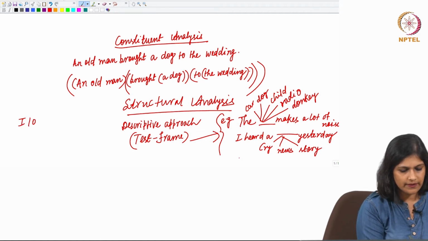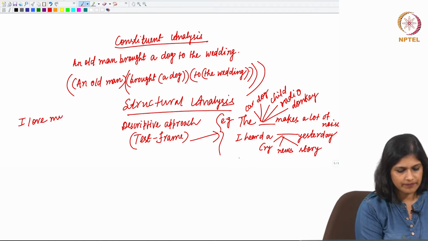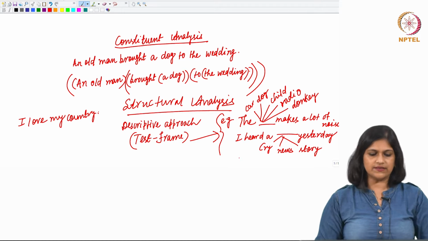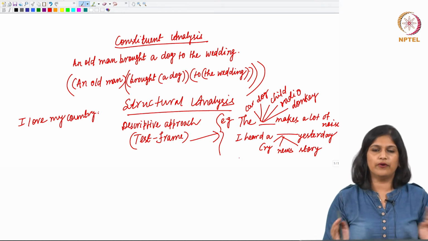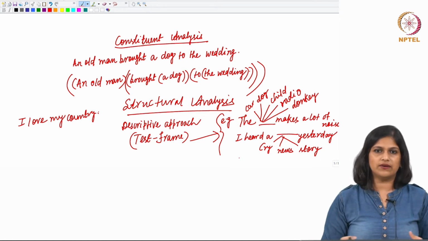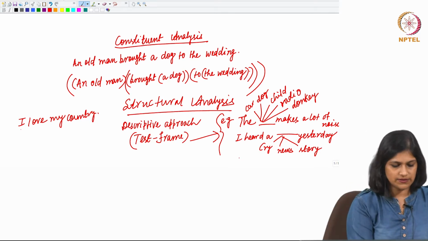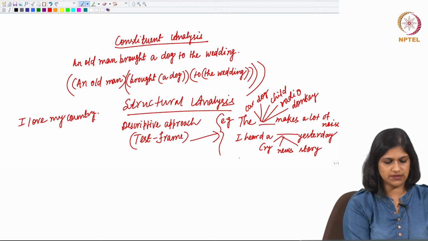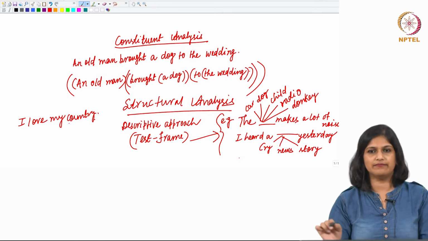This is just a simple construction I am writing: I love my country. In this construction there are four words, and the words have been organized in a certain pattern. There is the subject, there is the verb, there is a possessive here, and there is a noun here. So this is S, V and O: I love my country.